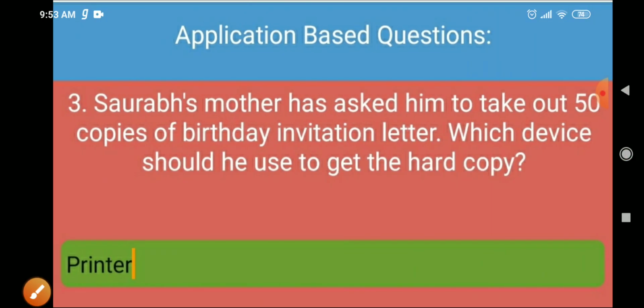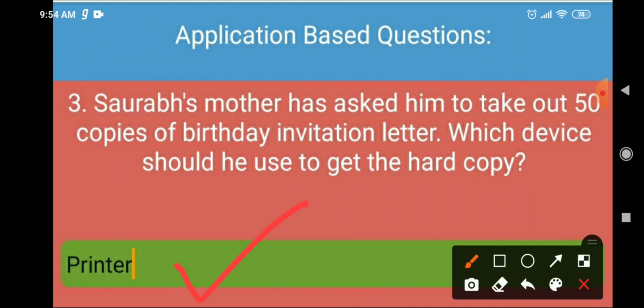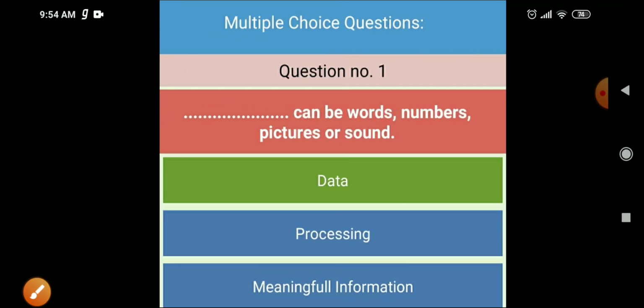Next is, Saurabh's mother has asked him to take out 50 copies of a birthday invitation letter. Which device should he use to get the hard copy? To take a hard copy on paper we use the printer. Next MCQ is, dash can be words, numbers, pictures or sounds.